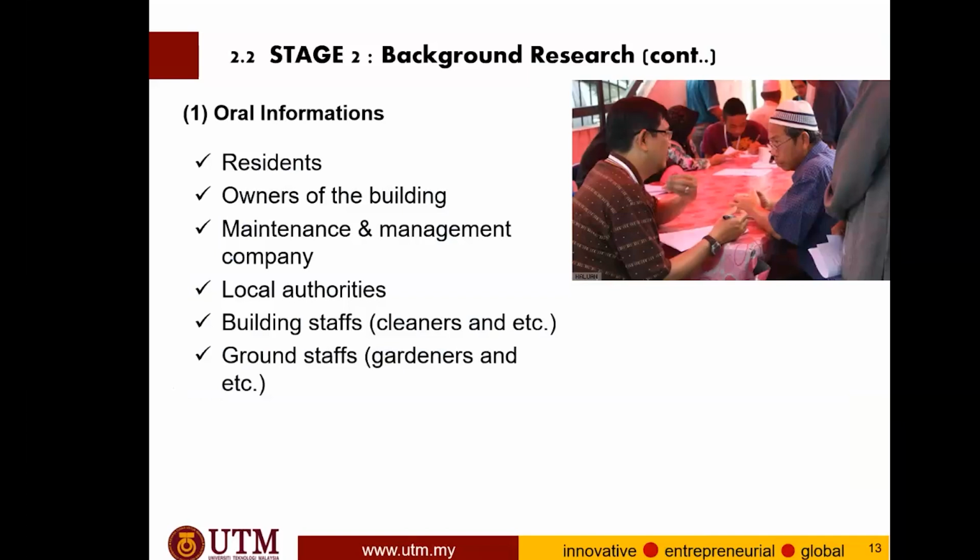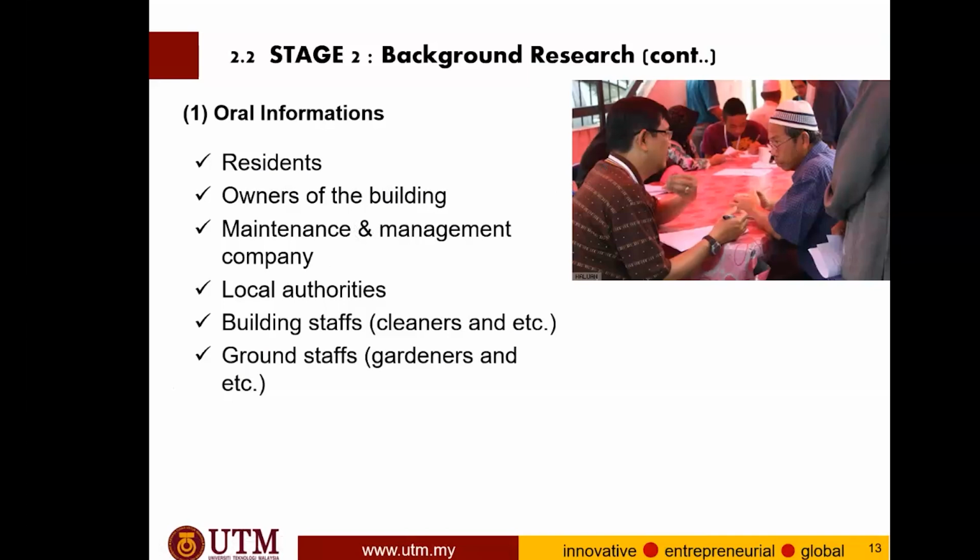Okay, this is what I mentioned about getting information from residents. Why is it important? Because from this conversation or interview with residents, we know what the problem is. Nobody other than residents knows exactly the detailed problems of that building.